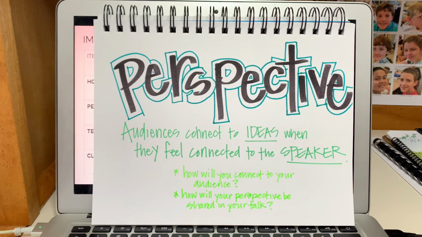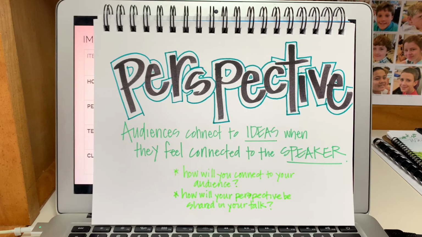So when you try to communicate a message to your audience, it is going to be very important that they first connect with you. And so to do that, we want to ask ourselves, how will we connect with our audience? What will we do to show our perspective, to have them feel like they could actually be walking in our shoes as we tell our story?